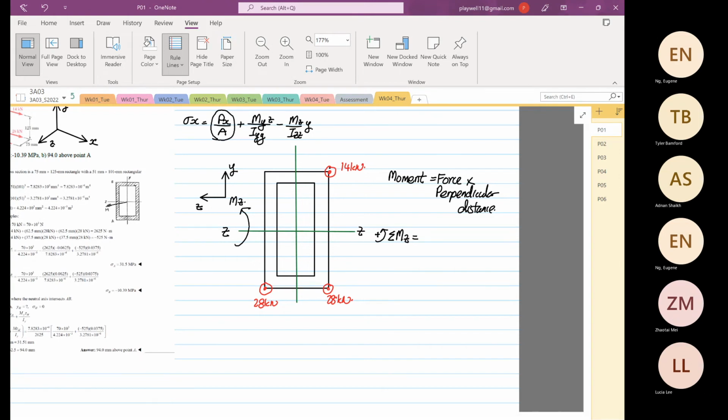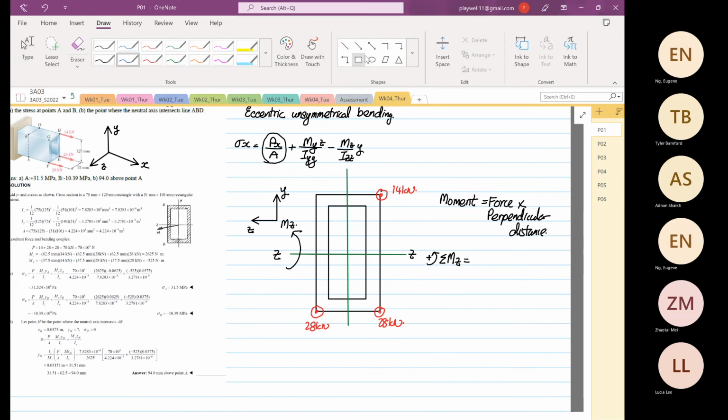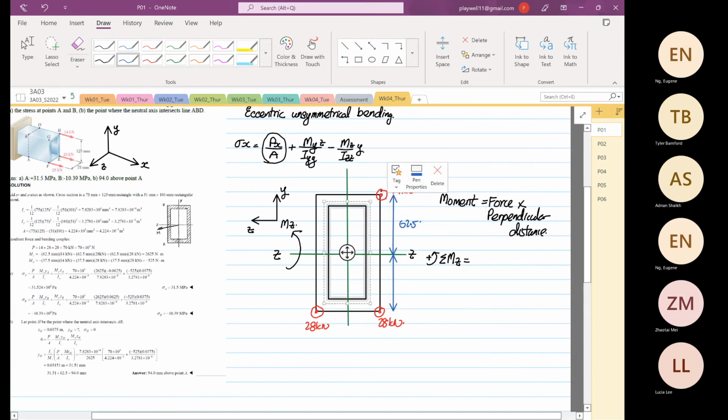So we know the distance, right? We are also given the distance from here to here, and this is equal to 125 divided by 2, which is 62.5. And then the other one, because of it being symmetrical, this distance is also equal to 62.5.